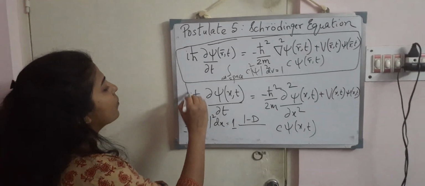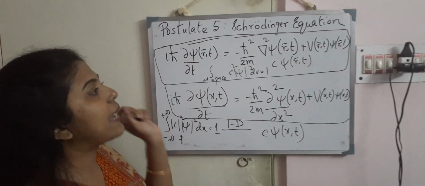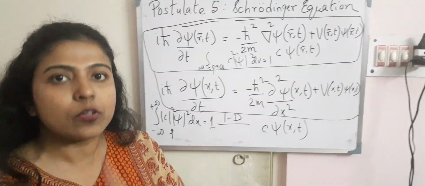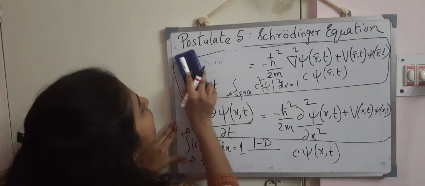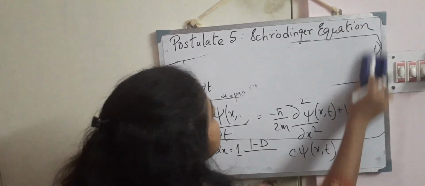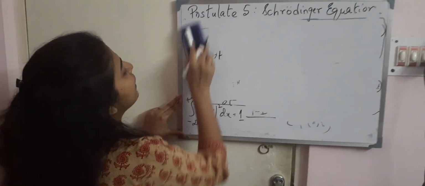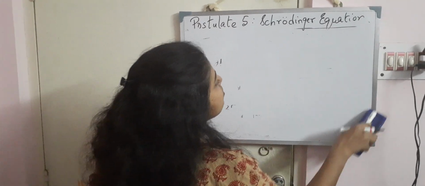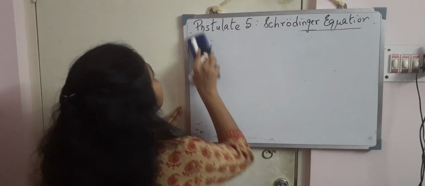Now this form of the equation which you are seeing, whether in 1D or 3D, is called the time dependent Schrödinger equation. What we will do is apply the method of separation of variables, and separate the time part and the space part of this equation, then solve the time part and the space part and put the solution together.